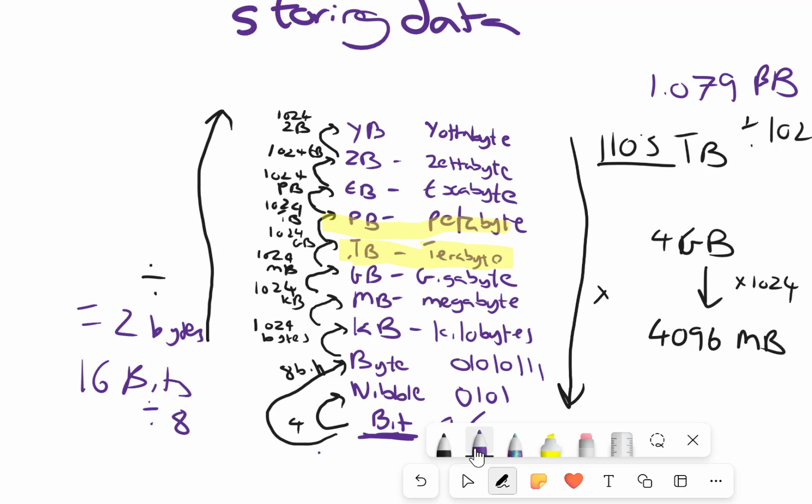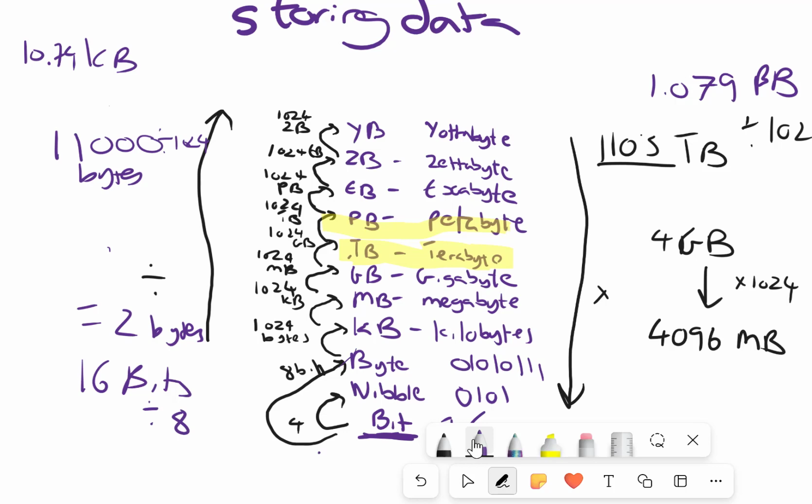From bytes to kilobytes, we then start using 1024. So if we've got, let's say 11,000 bytes, how many kilobytes would that be? We take this number and we divide it by 1024 because we're going up, which will give us 10.74 kilobytes.